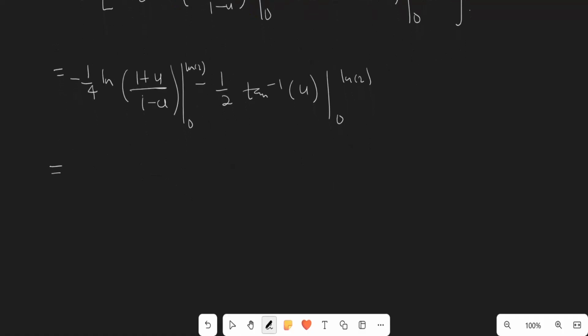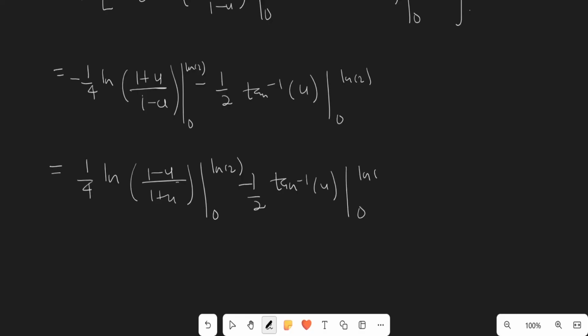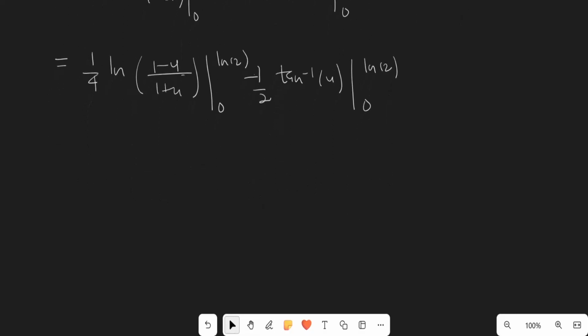But this one is 1/4 ln of 1 minus u over 1 plus u. That is bringing the negative into the power and then switching the fractions. So from 0 to ln of 2, minus 1/2 tan inverse of u from 0 to ln of 2. Okay, nice and sweet. So we can now plug in our limits.